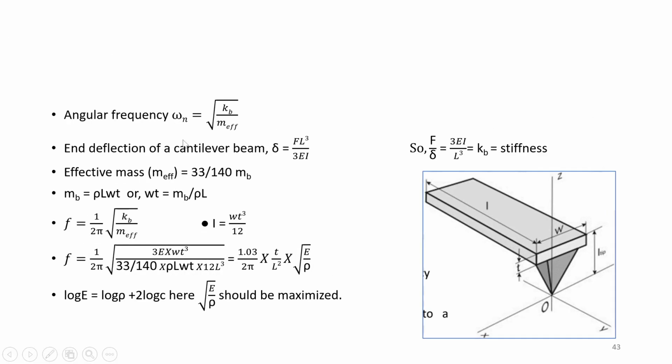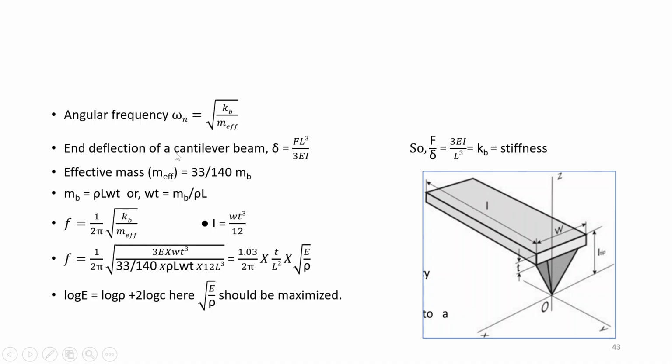Now here firstly we are trying to maximize frequency. So firstly we have angular frequency omega given as root of kb upon m effective. Kb is the stiffness, which can be given as F upon delta, equal to 3 EI upon L cube, and m effective is the effective mass.